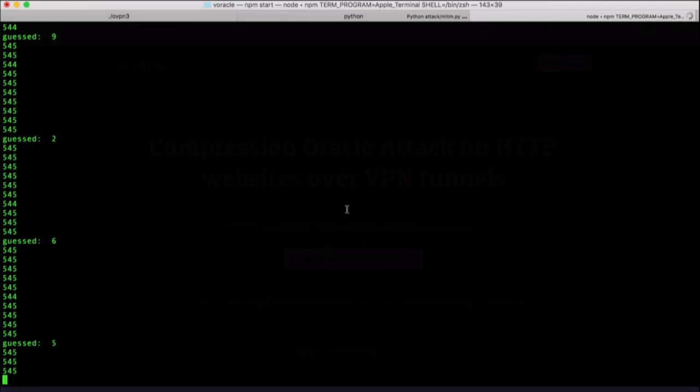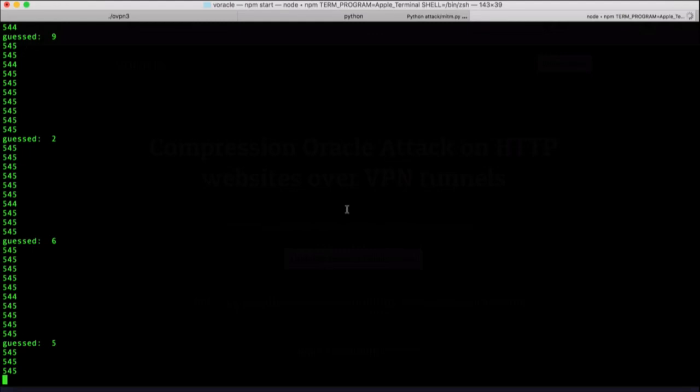Every time, it tries to send 10 packets, each brute forcing the final character of the secret. So if you see when it says guessed 2, as you can see here, 545, 545, 544. The first character was 0, the length was 545. The second character was 1, 545.